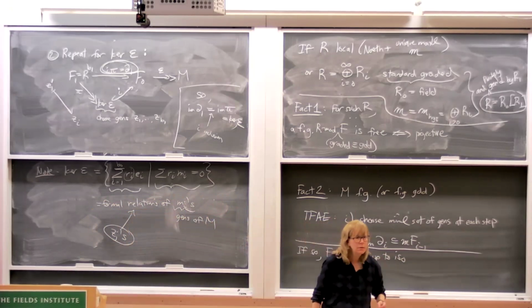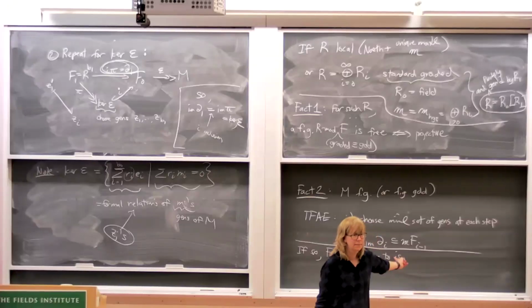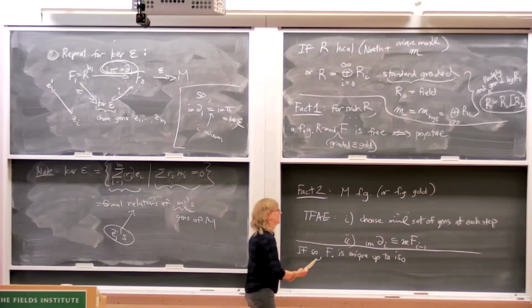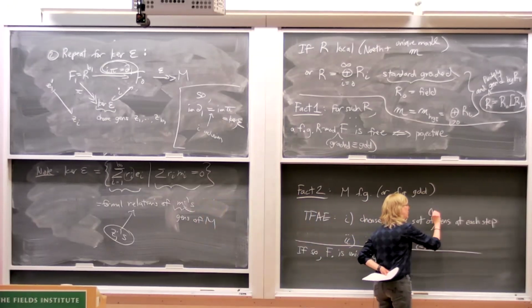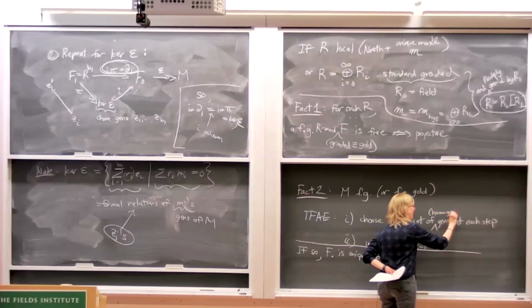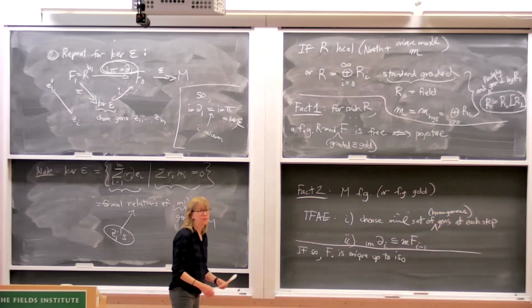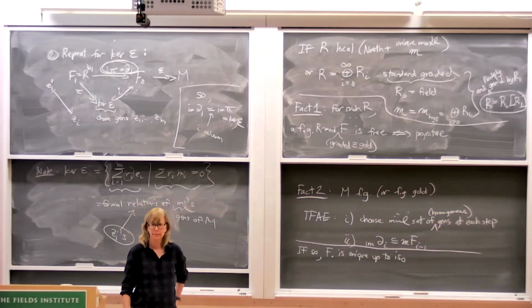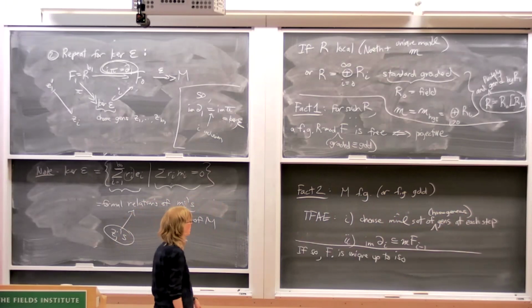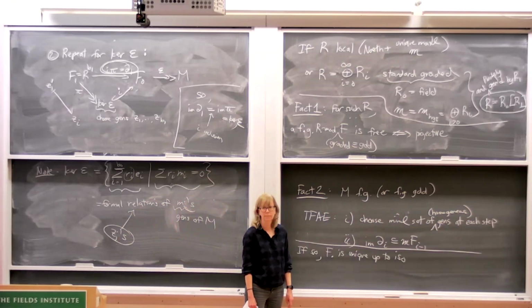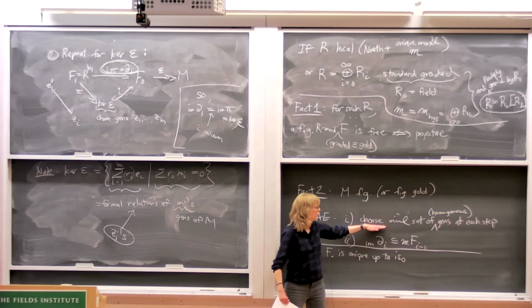Homogeneous. Thank you. So you need to choose homogeneous generators. I'm just getting clear on the grammar. Point 1: a minimal set of homogeneous generators was chosen at each step. If this is true, then this is true.